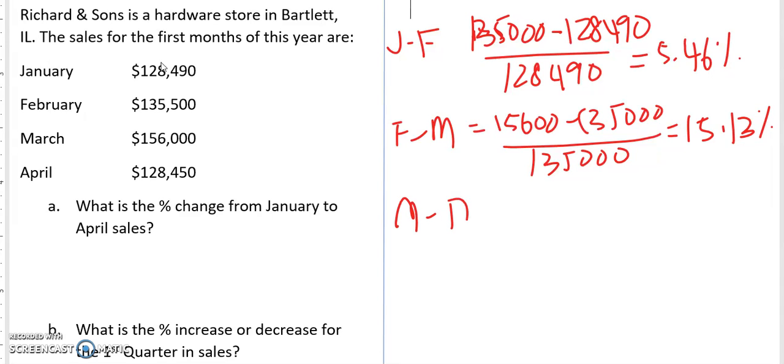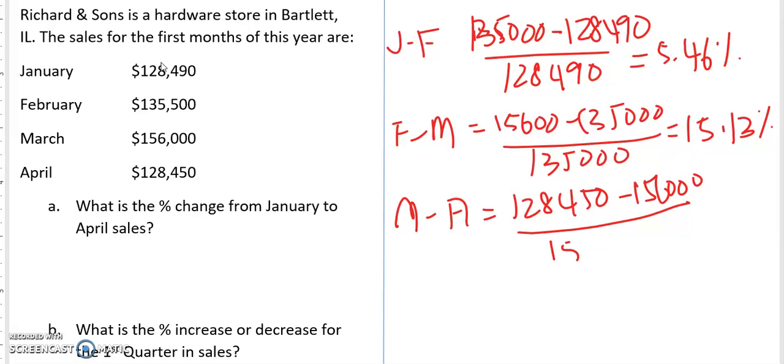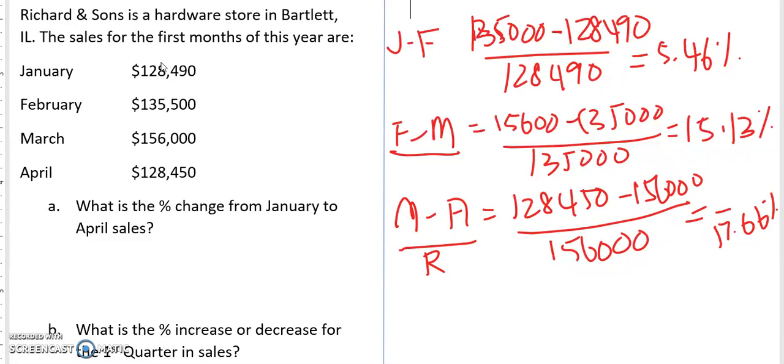From March to April, I take 128,450, the new value, minus the old value, which is 156,000, divided by the old value, 156,000, and that comes to about how much? It's a negative value, right? So it'll be about minus 17.66%. So basically there is a reduction here, or a decrease. There is an increase here, and there is an increase here.